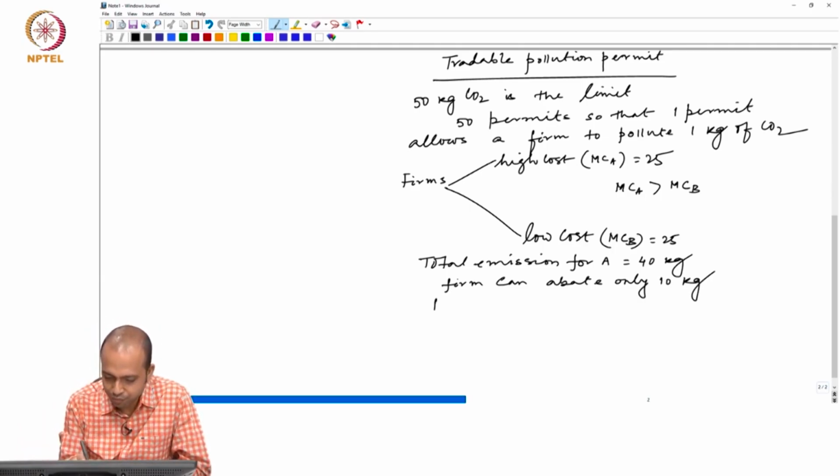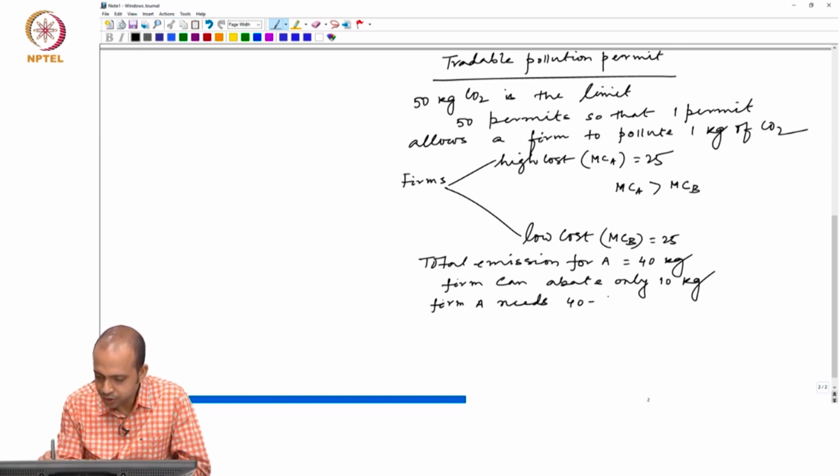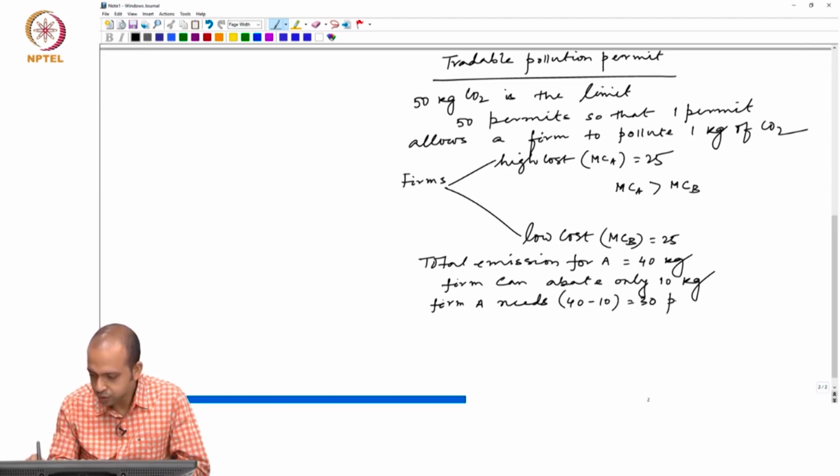So, that means firm A needs 40 minus 10 equals 30 permits.